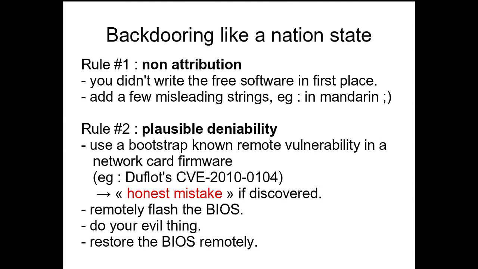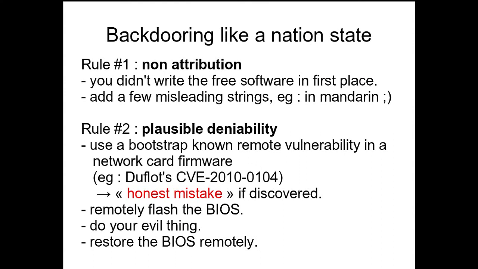In terms of plausible deniability, if you're a manufacturer from China and you want to own the world, instead of actually pushing Rakshasa on it, I suggest using a benign vulnerability. A good example of a super cool benign vulnerability is the one from Duflo, the same guy as the SMM stuff.